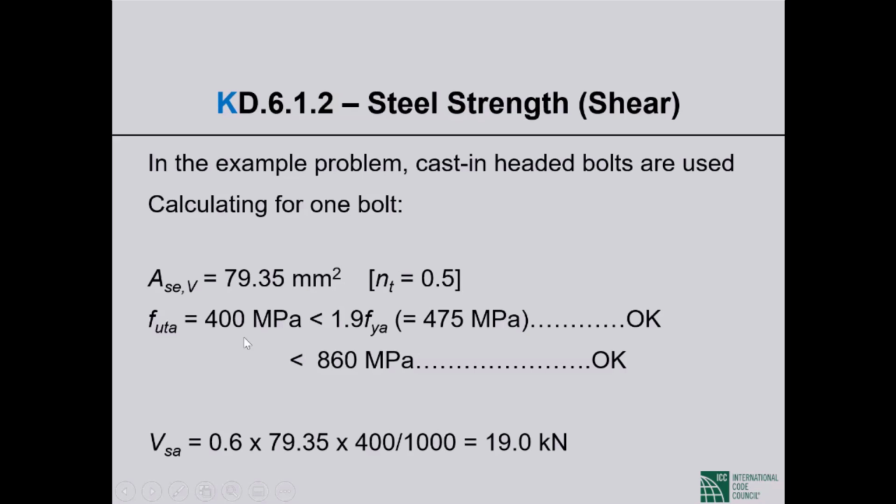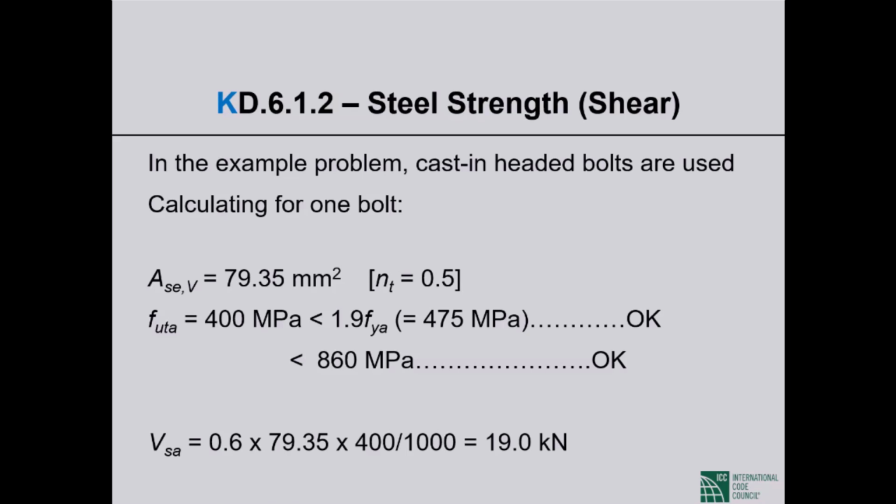The ultimate tensile strength of the anchor, 400 MPa, is less than 1.9 times 250, which is 475, and also less than 860 MPa. So our steel governed shear strength is 60%.